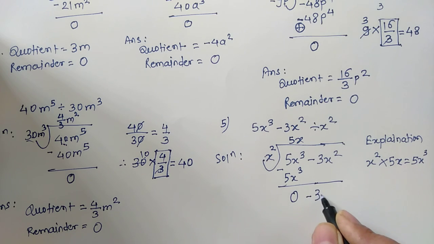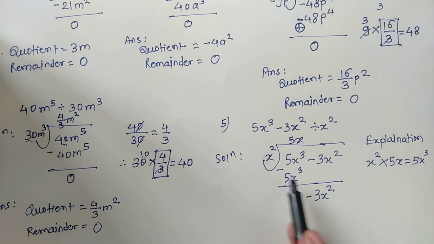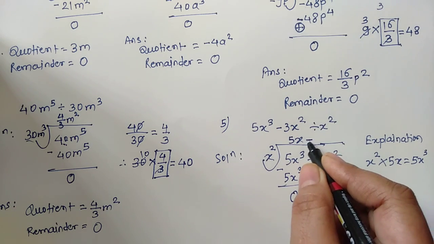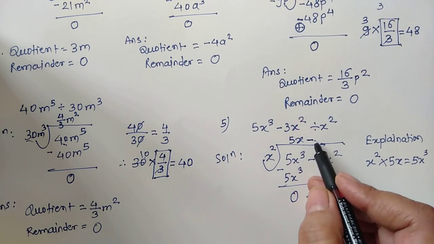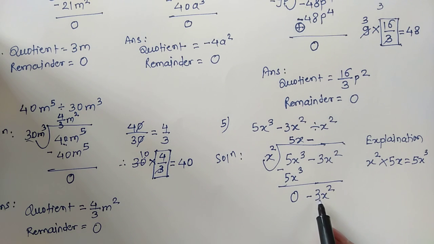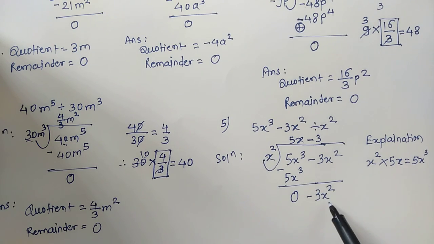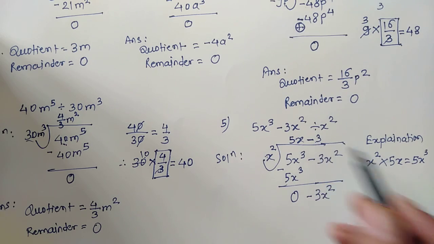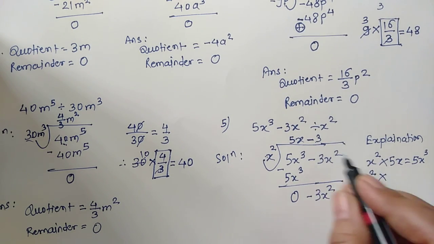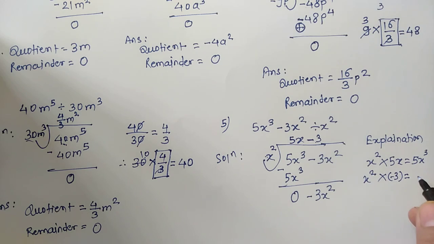Now minus thrice x square falls down. See the sign of next term of dividend is a minus. So here put the minus sign. Now the coefficient of next term is 3. So 3 ones are 3 and x square into 1 is x square. So x square into 3 or minus 3 is equal to minus thrice x square.